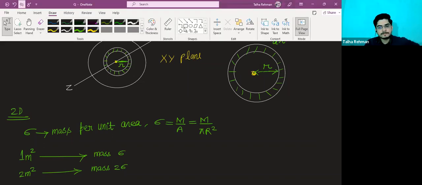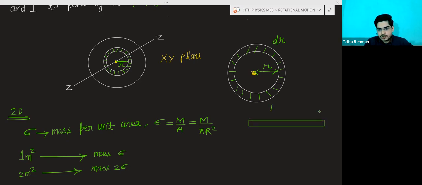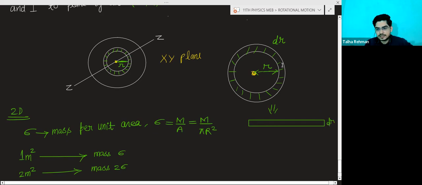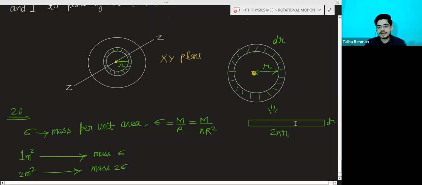Okay, do one thing. Cut this from here and separate it like this. Basically, this is equivalent to this, the thickness is dr, and the length of this strip will be 2 pi r. When you open it, it becomes a rectangle.